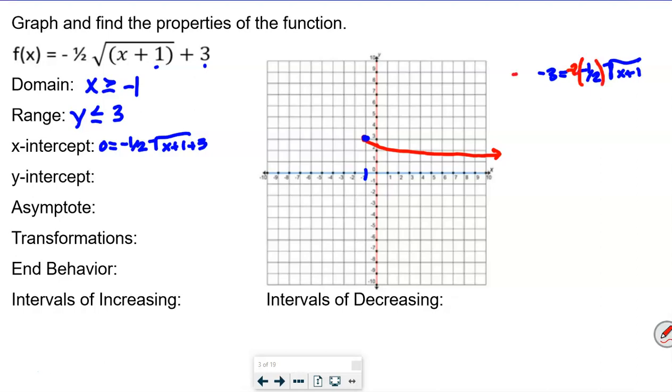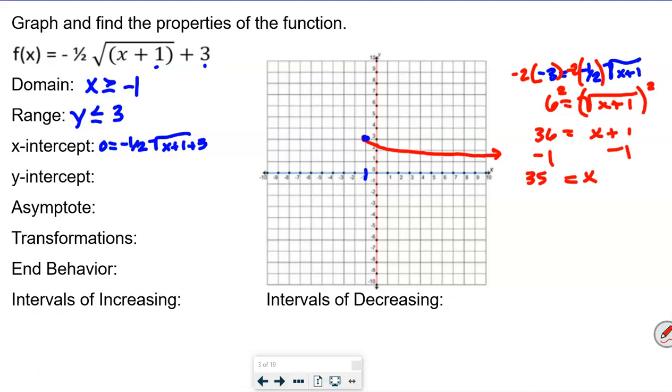That gives me 6 equals the square root of x plus 1. So now we're going to square both sides. That's going to be 36 equals x plus 1. So we're going to subtract 1 from both sides. So x is equal to 35. Sorry, that was our y-intercept a minute ago. Oh, yeah. So this is our x-intercept. So this is going to be 35, 0. It's going to be way out there to the right, okay? That's where it's going to be. 35, 0, okay?